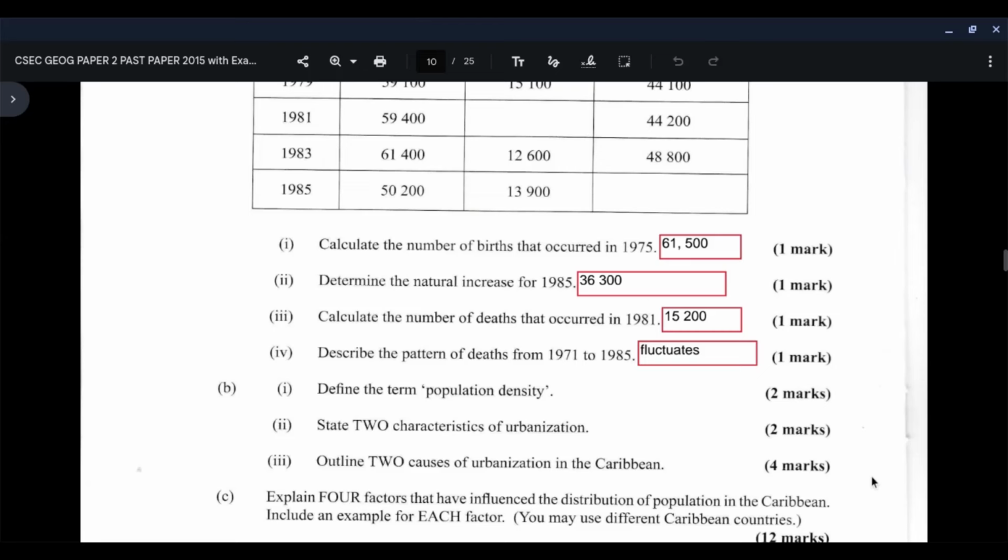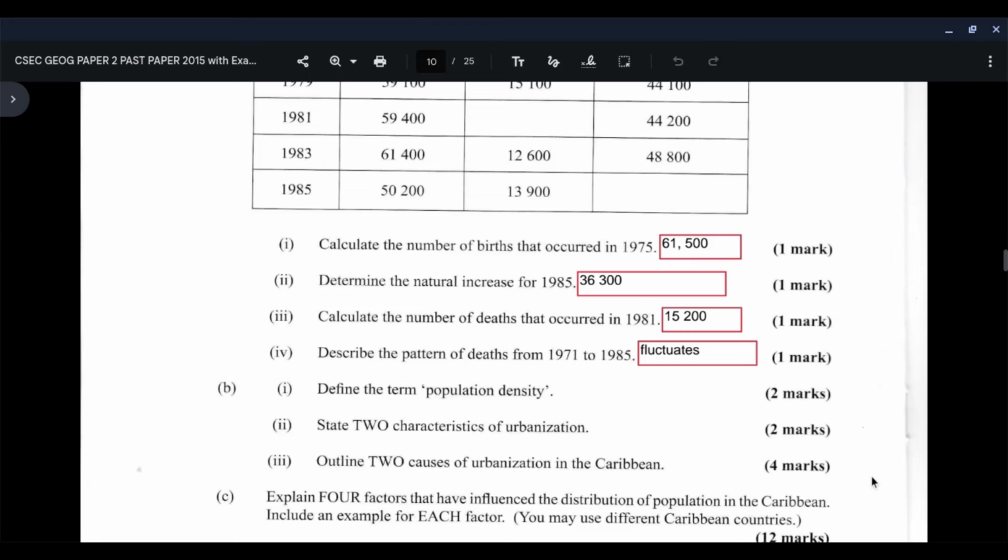Another cause for urbanization in the Caribbean is the lack of jobs in the rural areas. Urban areas are seen as a job booming area. Hence, persons leave the rural areas and head to the urban areas in search of jobs.